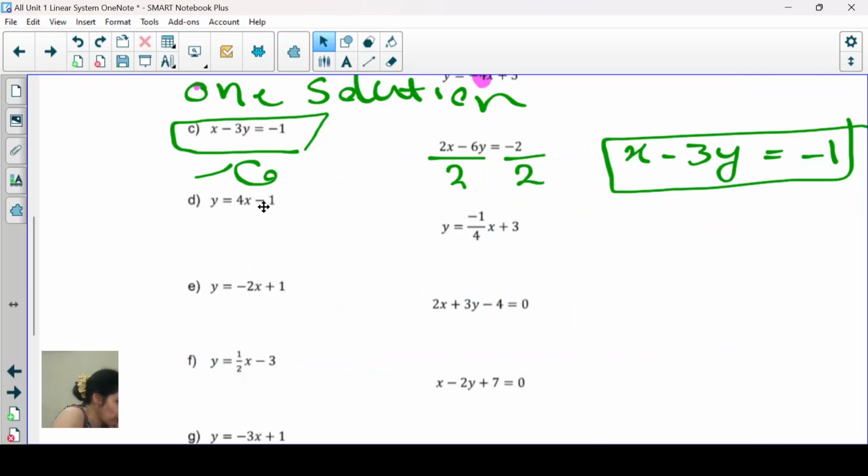This is the slope 4, negative 1 over 4, so it's one solution.